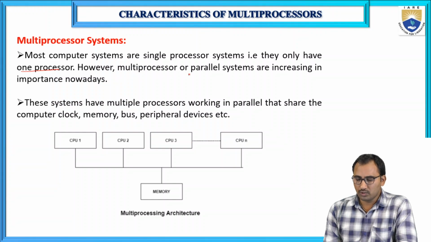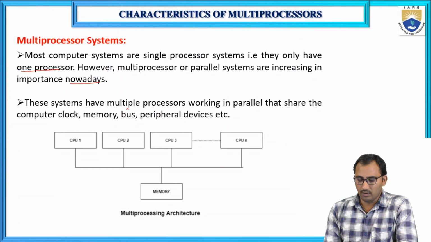However, multiprocessor or parallel systems are increasing in importance nowadays. There is a rapid increase in the usage of multiprocessor systems because their speed is more, so everyone is interested in using them.